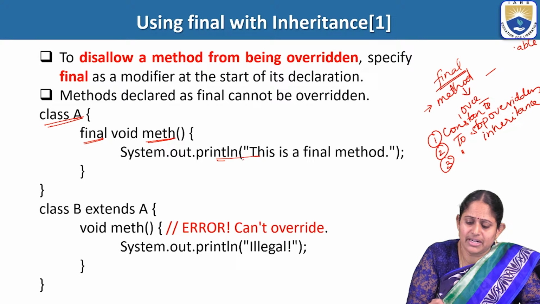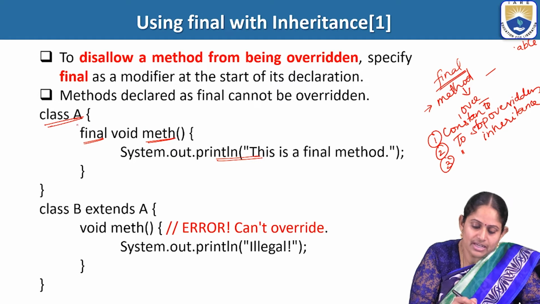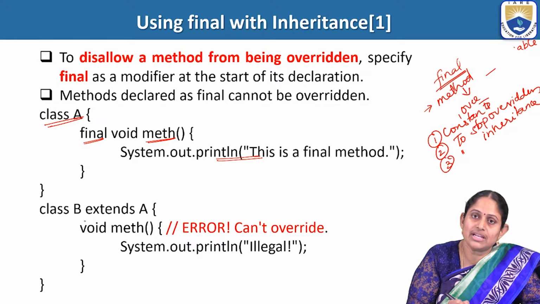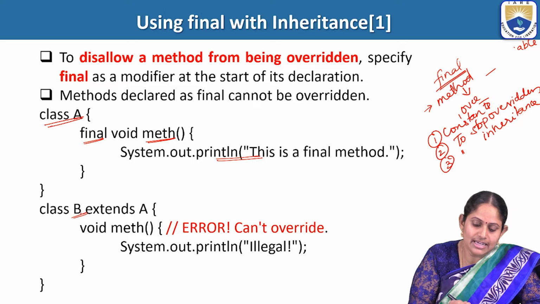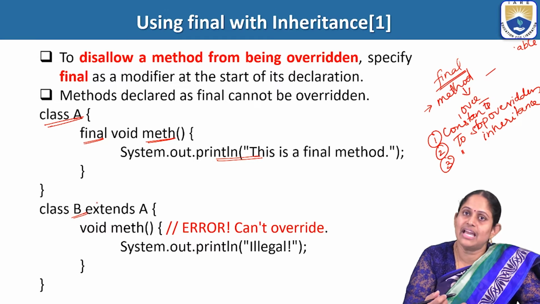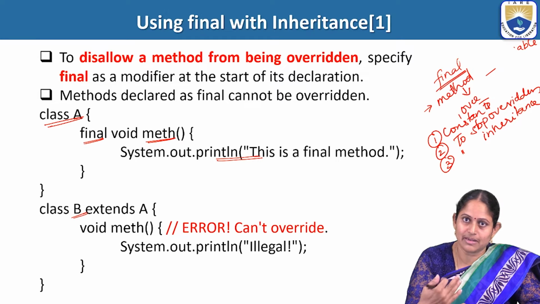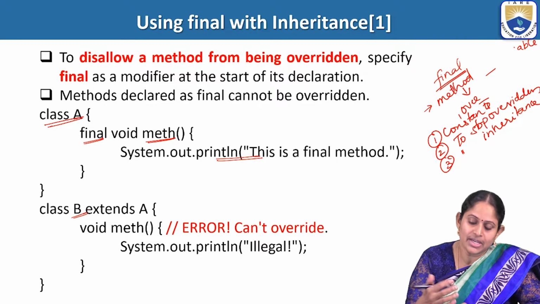In this method, we are printing some statements. Now, from class A, you are creating another class B. You are inheriting class B from class A. While inheriting, we normally have the ability to override the methods.